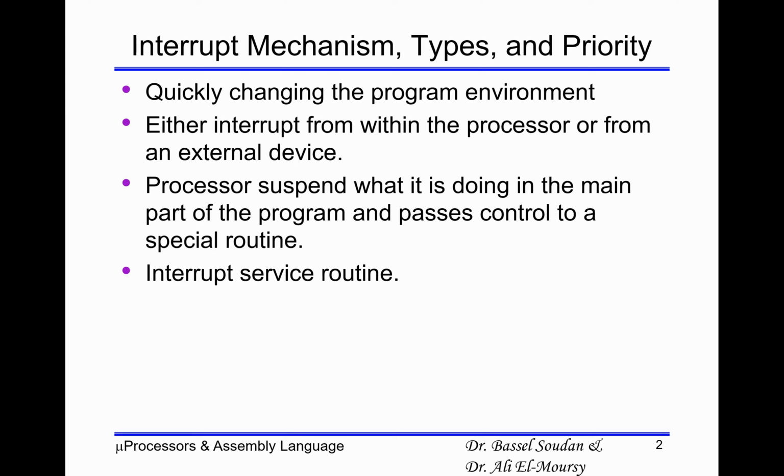Accordingly, first of all, we need to explain the mechanism of interrupting, and then we will discuss the different types of interrupts in the 8086 machine, which is the machine under our investigation from the beginning of this course.